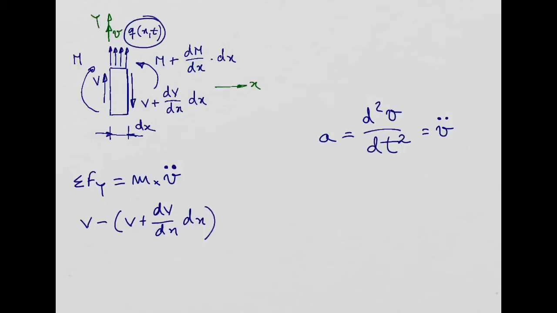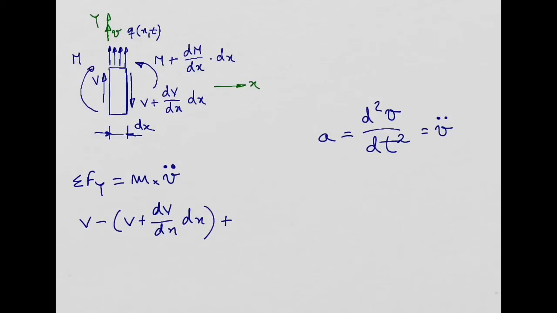We have the distributed load we need to include, so plus. The distributed load is a force per unit length, so I need to multiply this force per unit length by the length, which in this case is dx. You all agree with me? So that I will have a force at the end.